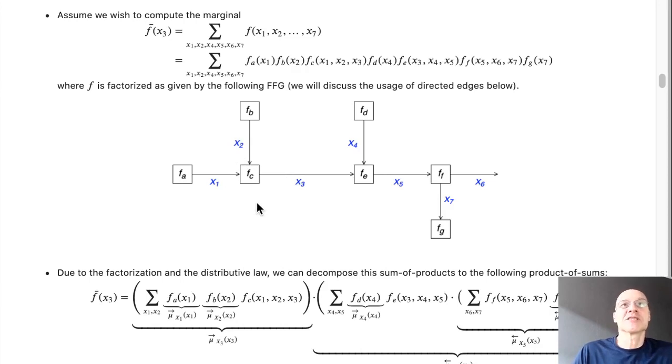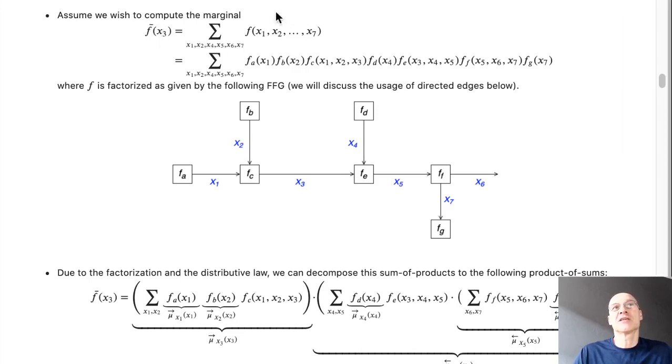And what I'm interested in is the marginal over x3. So basically the probability distribution over x3, and what do I need to do? I need to take this big joint and integrate over all variables, x1, x2, x4, x5, x6, x7. So all variables except for x3, and what I get on the left hand side is then my marginal over x3.